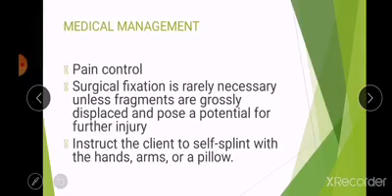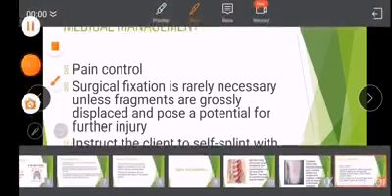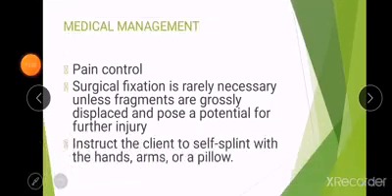Okay. If it is mild, okay, and does not require surgery, you need to instruct the client to do self-splint with the hands and arms or a pillow, especially when the client coughs. Okay. Pag nag-cough si client, kailangan niyang mag-self-splint.